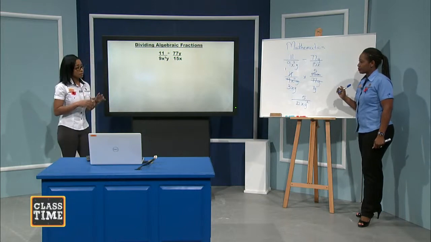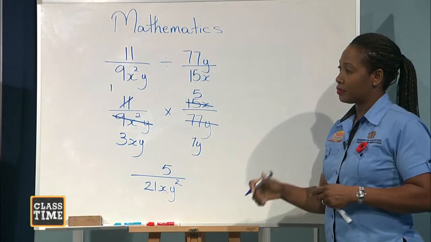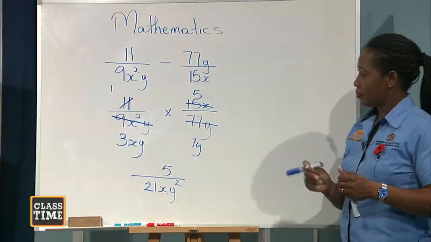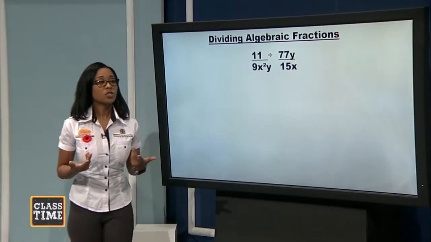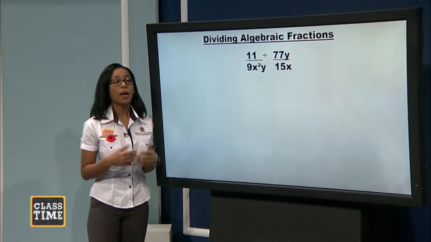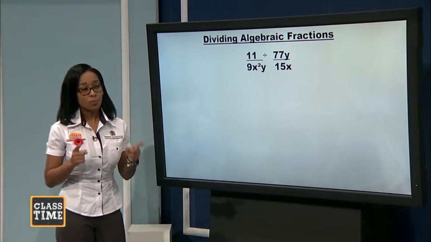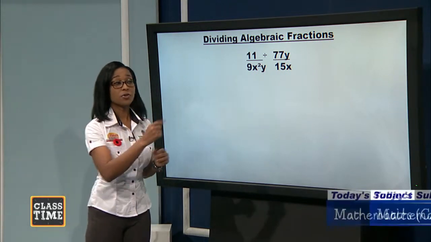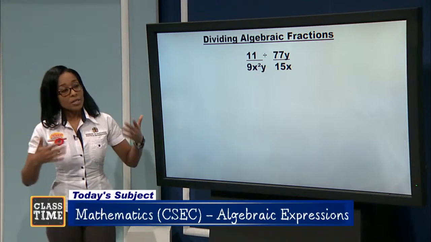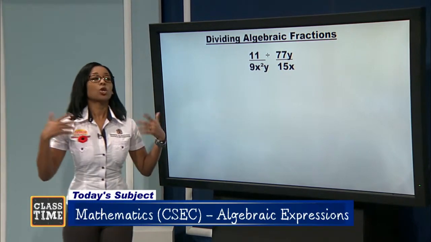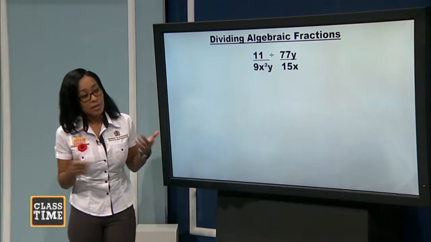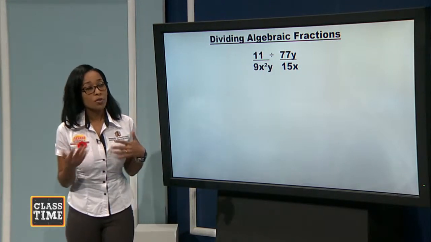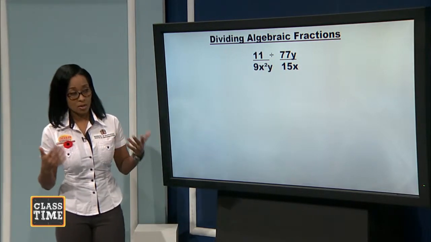So just recapping, doing a little summary of what Tamika would have just looked at. When dividing algebraic fractions, the first thing that we need to do is multiply by the reciprocal of the divisor, which is the first thing that she did. Then she looked to see if she could find any highest common factor within the numerators and denominators.